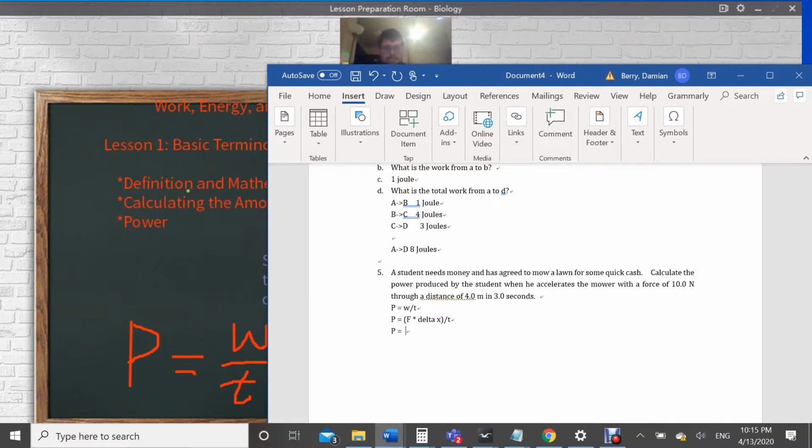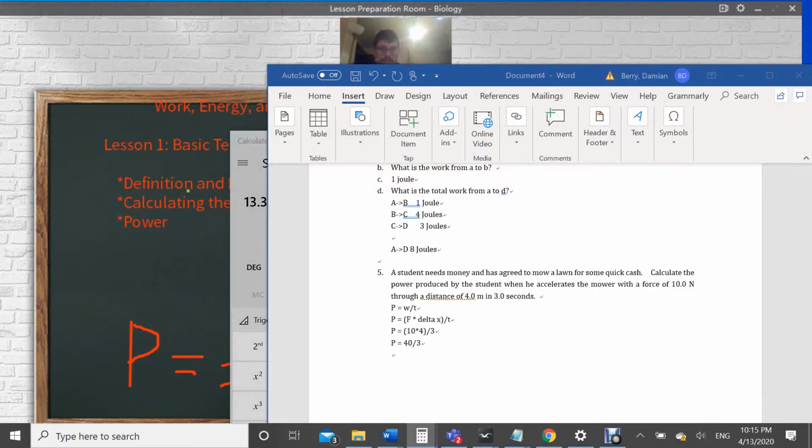Power is equal to 10 times 4 divided by 3. Power is equal to 40 divided by 3. And if we put this into our calculator, what we'll get is about 13.3.